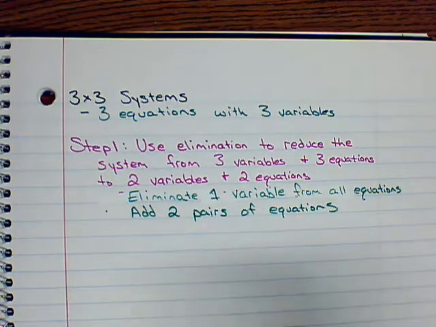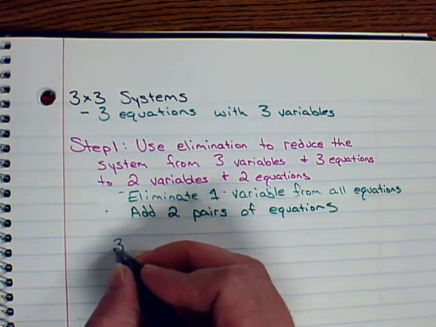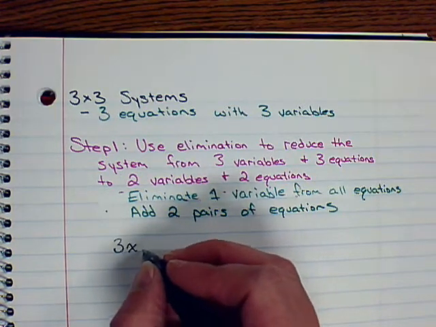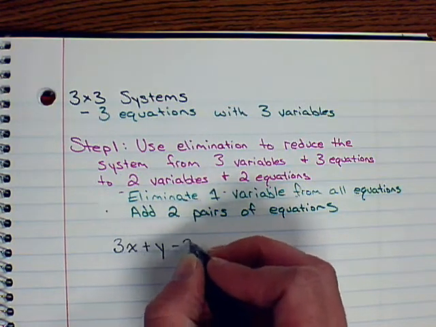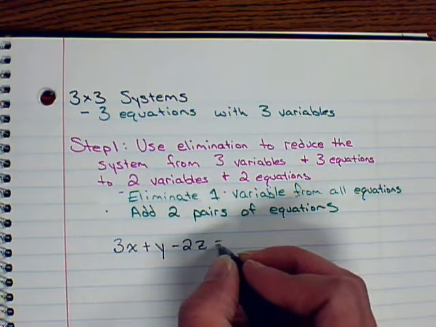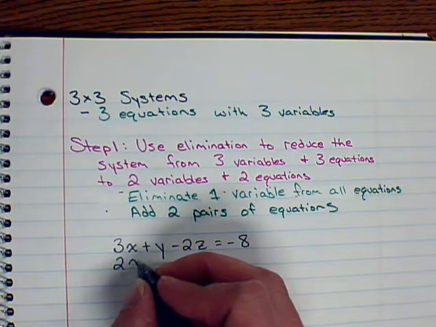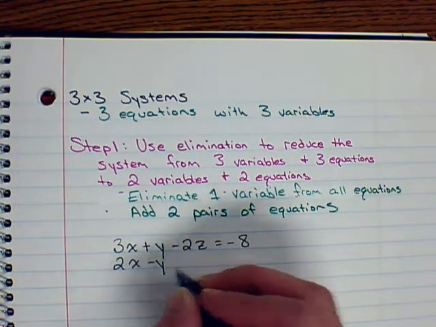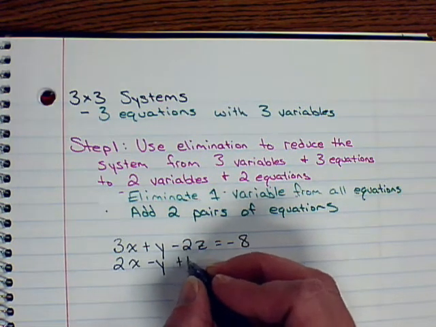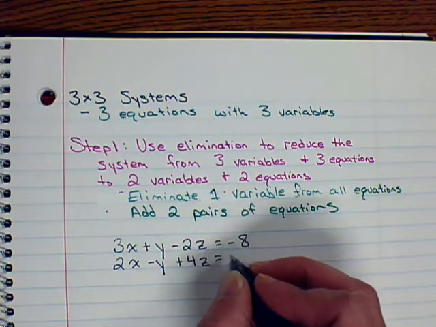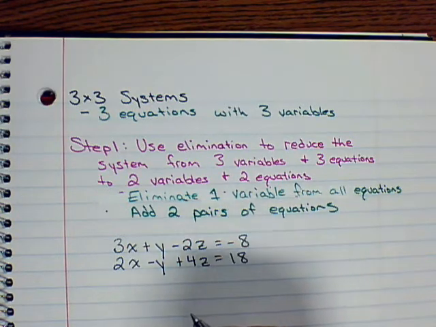Okay, so let's say I have 3x plus y minus 2z equals negative 8. And then I have 2x minus y plus 4z equals 18.